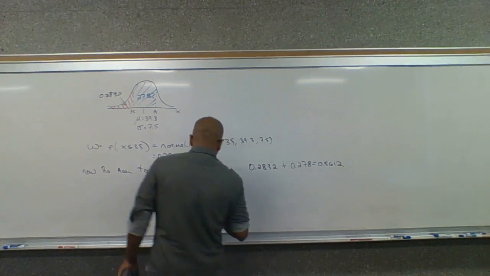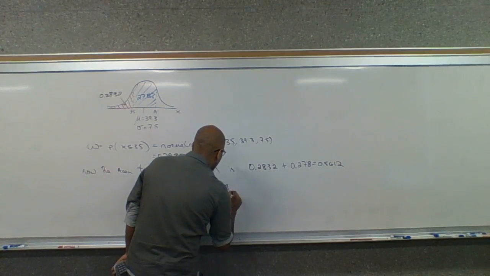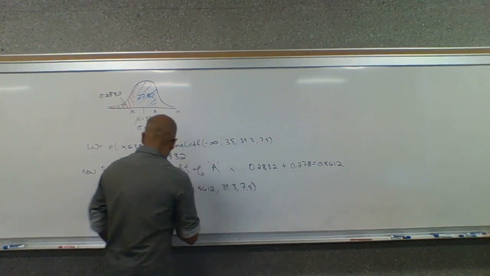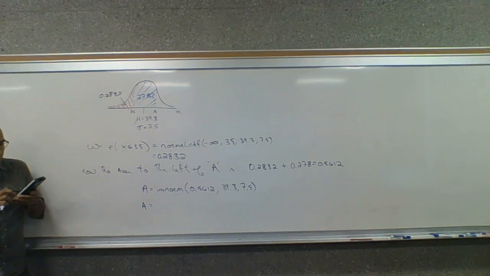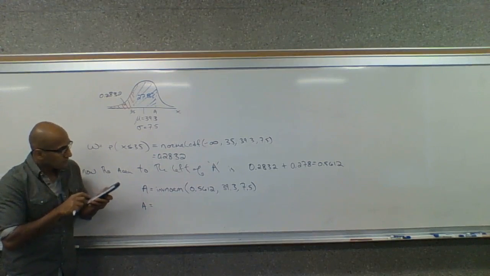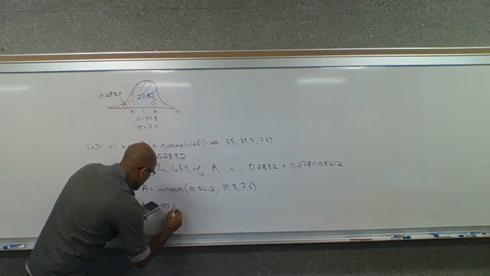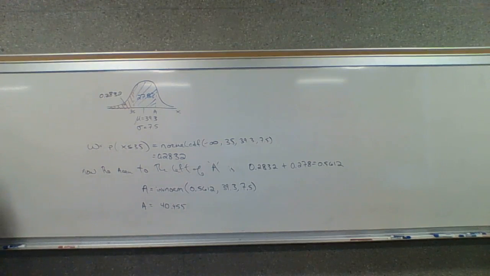And the mean is 39.3, standard deviation of 7.5, and that'll give us my result of 40.455. Any questions about that? No? Okay, that's the first one in the activity.